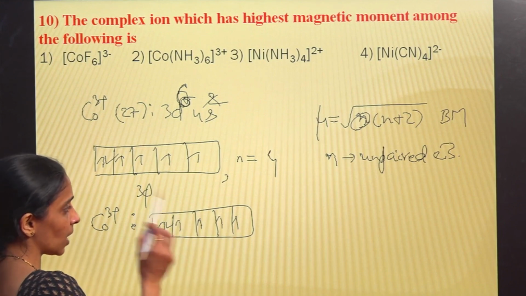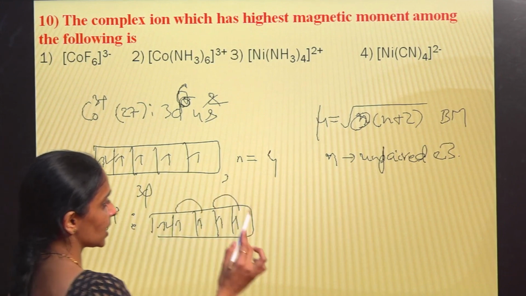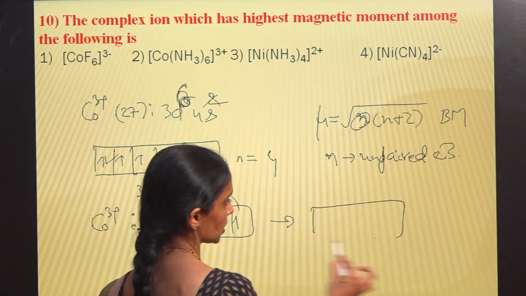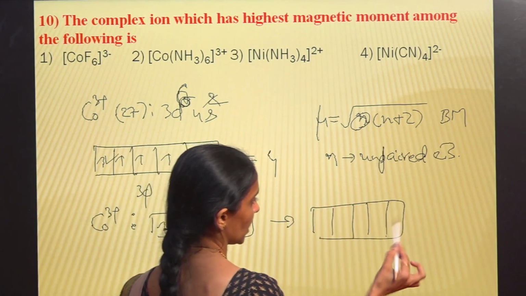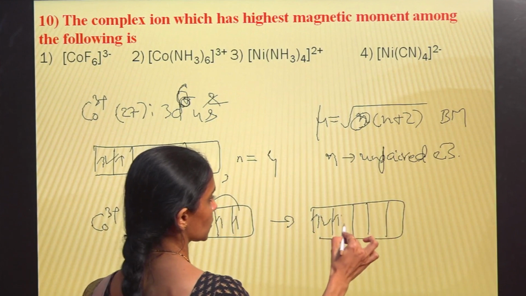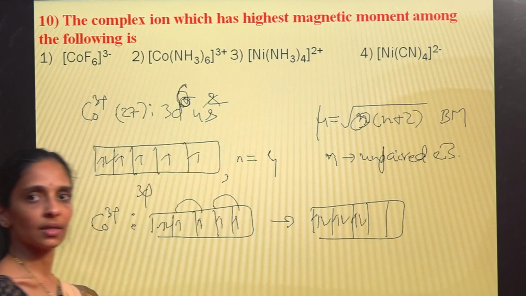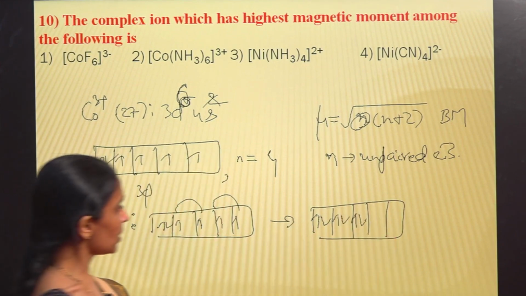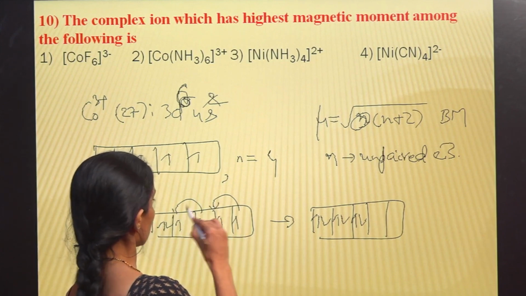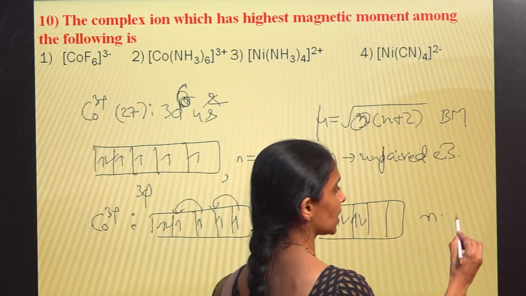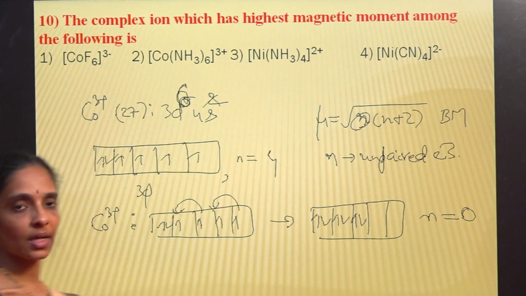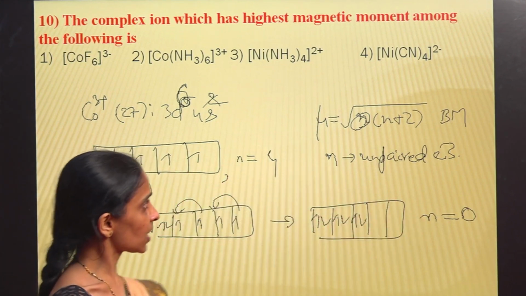It does pairing. As a result, you end up with this particular configuration, and unpaired electron number is 0. In the first case 4, second case 0.